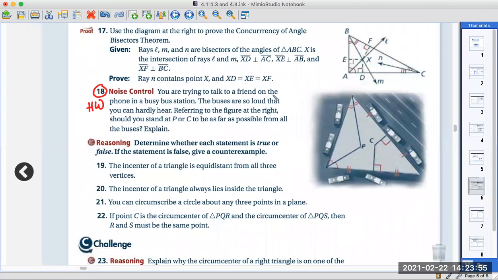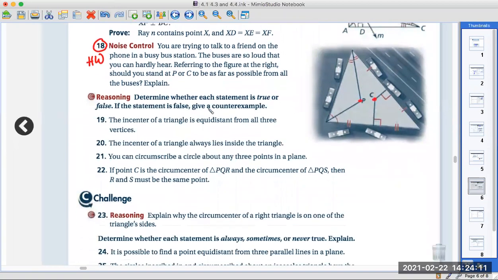You're trying to talk to a friend on the phone in a busy bus station. The buses are so loud that you can hardly hear her. Referring to the figure at the right, should you stand at P or C? So should you stand here or here, to be as far as possible away from all the buses? Explain. So you're going to use the same theorem I just showed you.